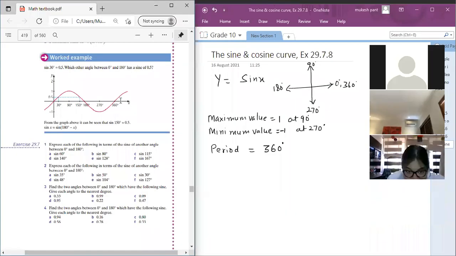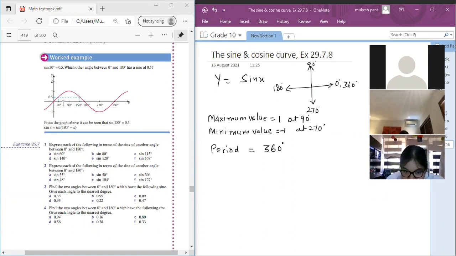Now, guys, look at this example and look at this graph. This is 30 degree, and this is 150 degree. So 30 degree and 150 degree are showing the same value.